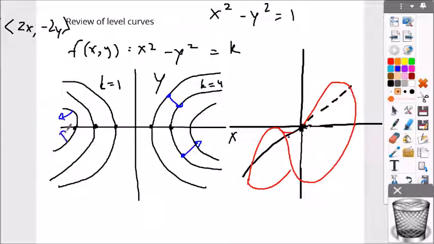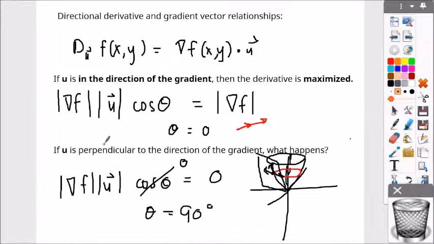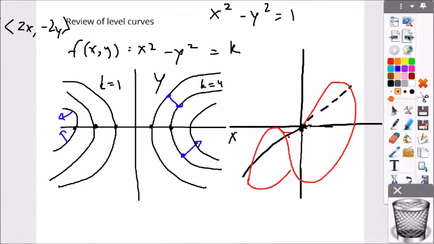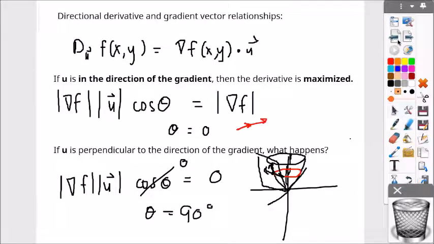Right, so what does that mean? If u is perpendicular to the direction of the gradient, what happens? Well, we get 0. First of all, what happens when u is parallel to the direction of the gradient?